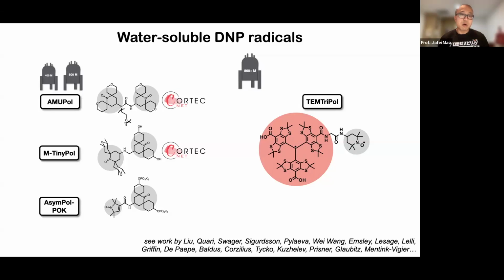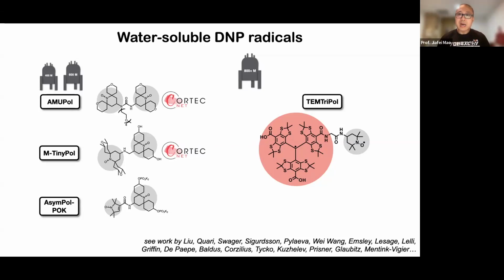And you can take from CortecNet, that's the company that sells radicals, the AMUPol radical or M-TinyPol. I will show on the next slide that the performance of M-TinyPol is better than AMUPol. It's just slightly more expensive. And another radical I found very popular in the field is AsymPol. A number of labs actually get this very nice radical from collaborators.